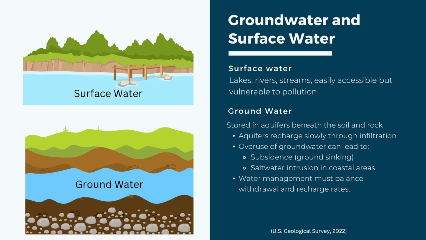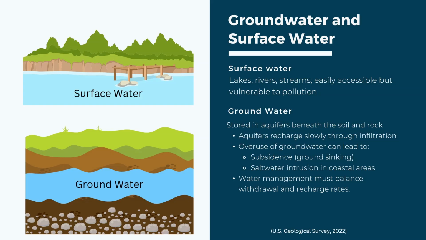And over time, overpumping can cause serious problems. Withdraw too much water and the land can actually sink, causing what's called subsidence. We typically think of this as sinkholes. In coastal areas, overuse can pull salt water into those freshwater aquifers, contaminating the entire drinking water supply.